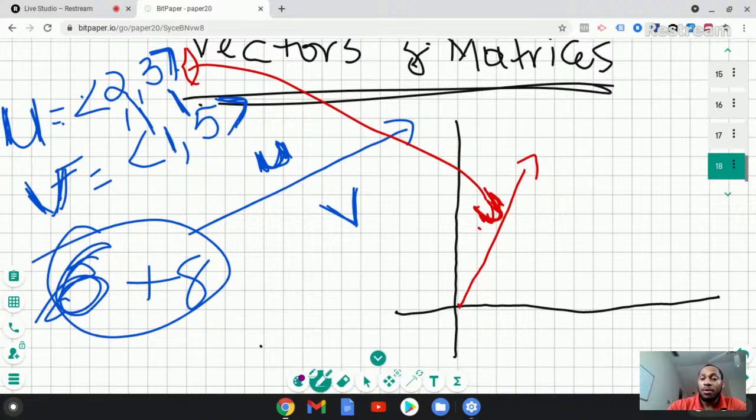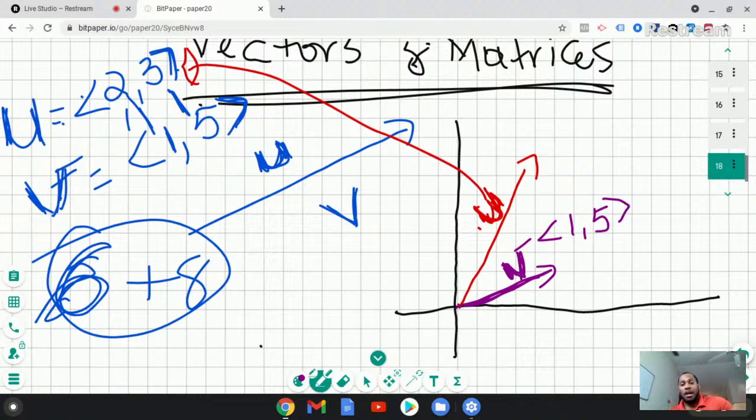So this was v. Now let me make this shorter so you can actually see a difference when we add them. So this was v, a little bit shorter in purple, and then u is the longer one in red.